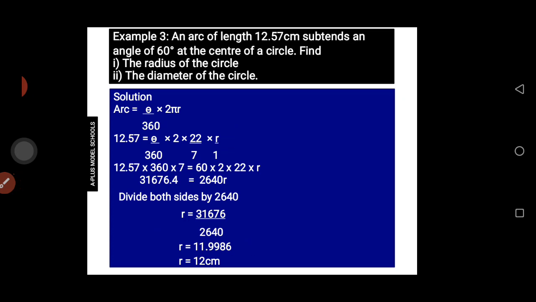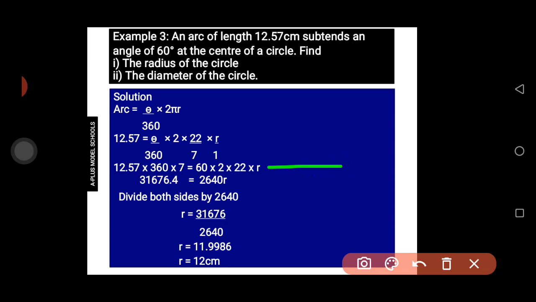We still apply the same formula: the length of an arc is equal to theta over 360 multiplied by 2 pi r. We are given the length of the arc to be 12.57, which is equal to theta, the angle given to us, which is 60 over 360 multiplied by 2 times 22 over 7 times r over 1. Here I can also cross multiply.